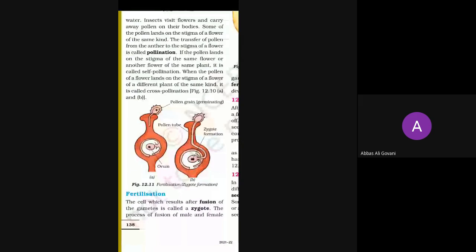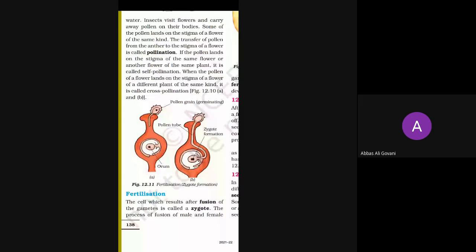Who will repeat? Who will speak now? Pollination, what is pollination? Transfer of pollen grain from one place to other place.